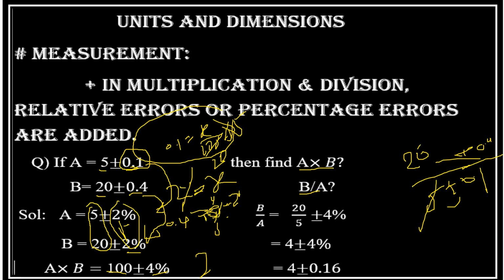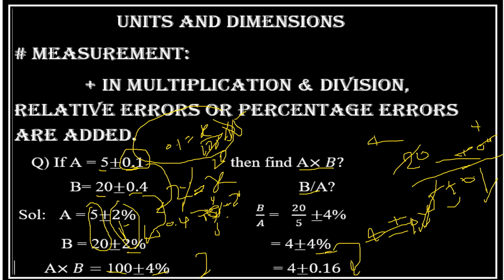In dividing this, we should find the direct absolute error. 5 divides by 4, so we get 4 plus or minus 4 percentage. Making this into the percentage error, making into absolute error means 4%.